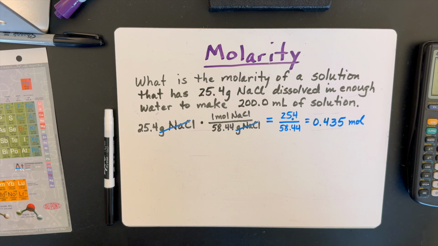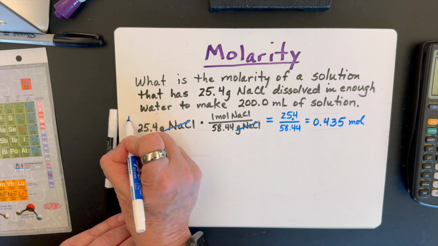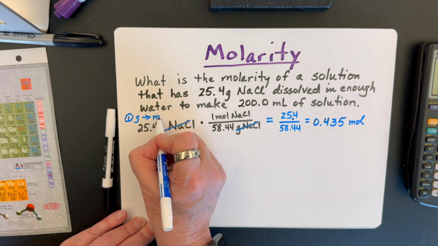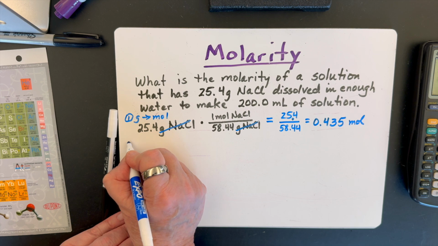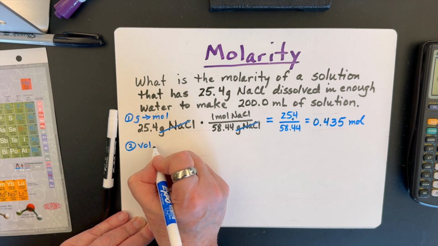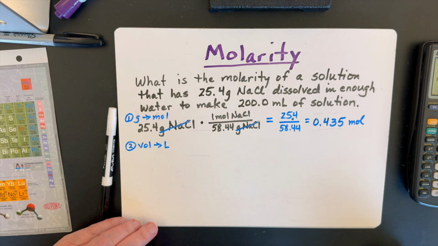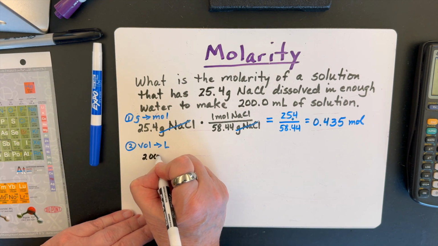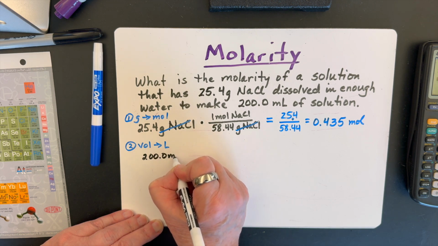We also need our volume to be changed to liters. So this was, first step was grams to moles. Second step is going to be volume to liters. So our volume that we are given in the problem is 200.0 milliliters.